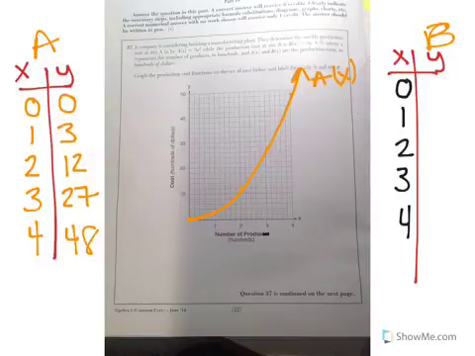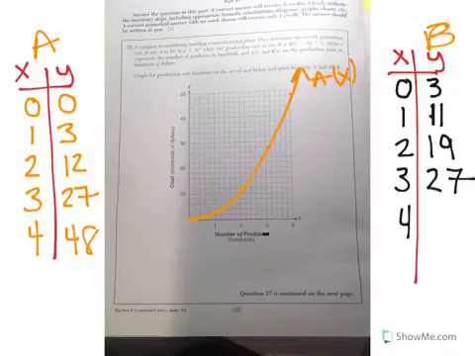Okay, so when x is 0, my y value will be 3. When x is 1, my y value will be 11. And when x is 2, my y value will be 19. When x is 3, my y value will be 27.